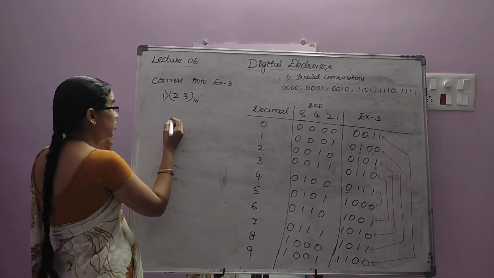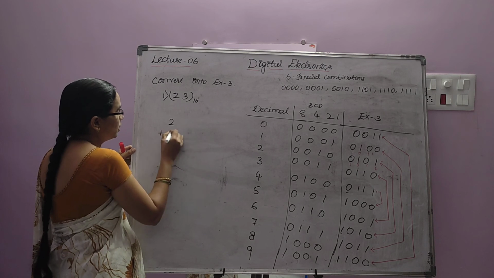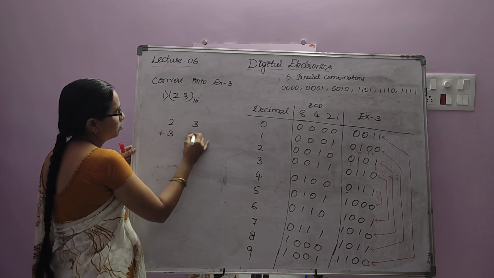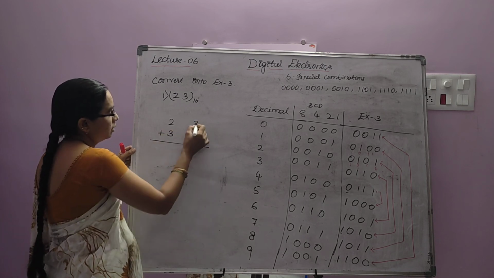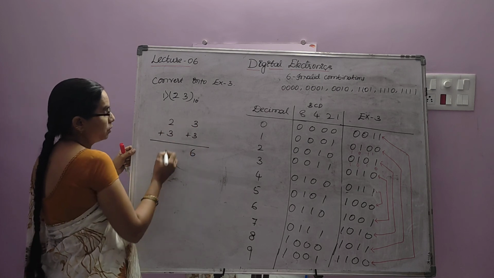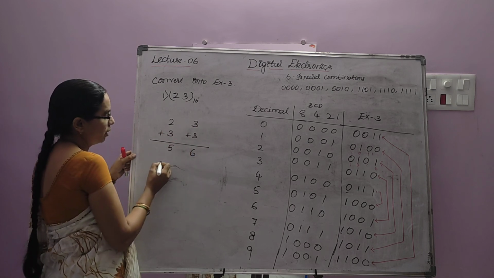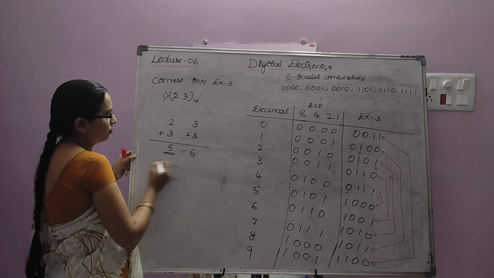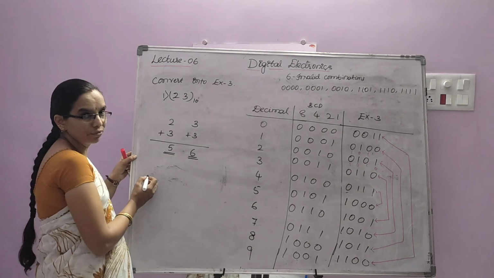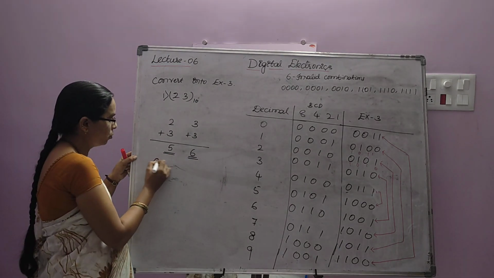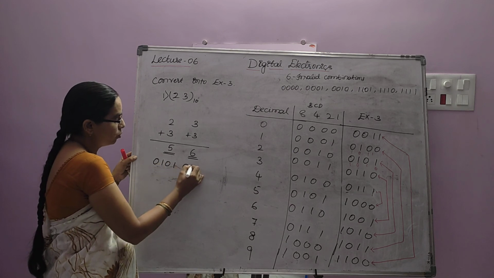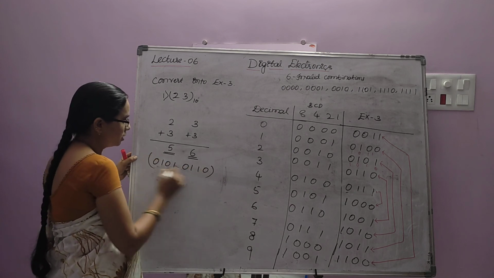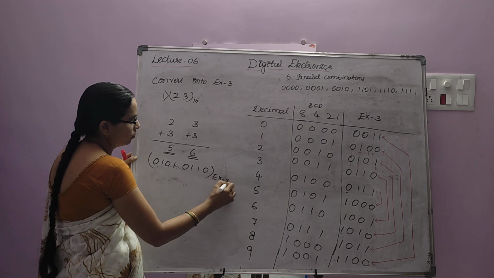That is, if it is 23, 2 plus 3, 3 plus 3: 3 plus 3 is 6, 2 plus 3 is 5. Write the binary equivalent of 5 and binary equivalent of 6 separately, that is 0101 0110. This is the XS3 equivalent of 23.